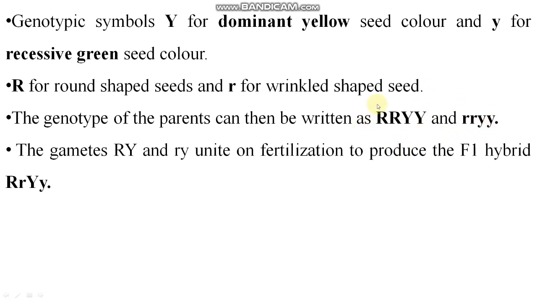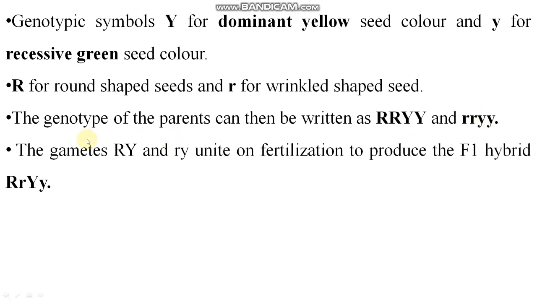Clear? So the genotype of the parents can then be written as capital R capital R, capital Y capital Y, and small r small r, small y small y. Students, listen: round yellow and wrinkled green. Small r is representing wrinkled and capital R representing round, and small y representing green color and capital Y representing yellow color.